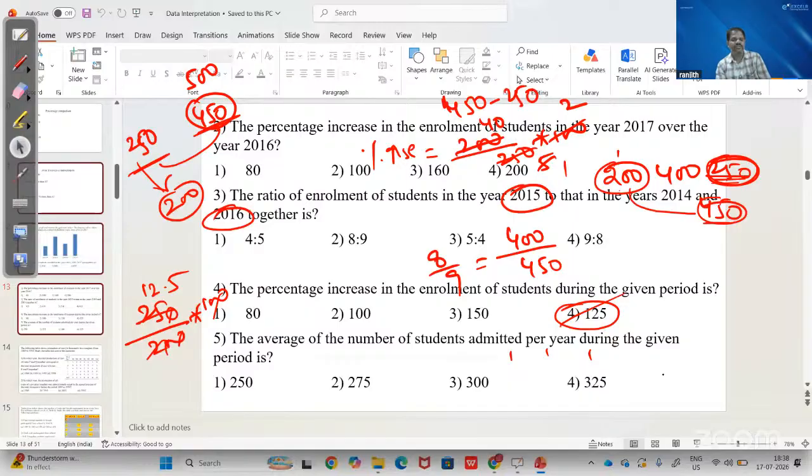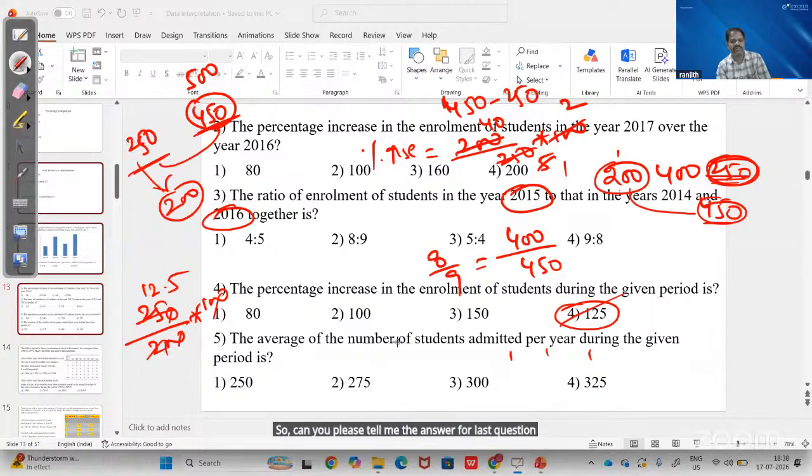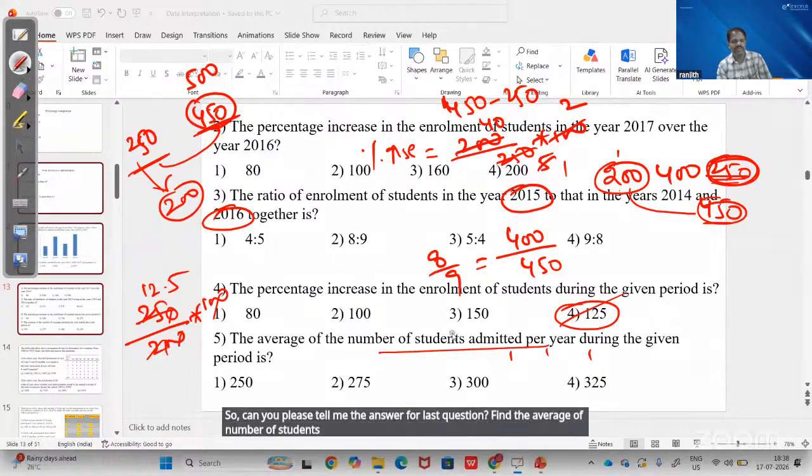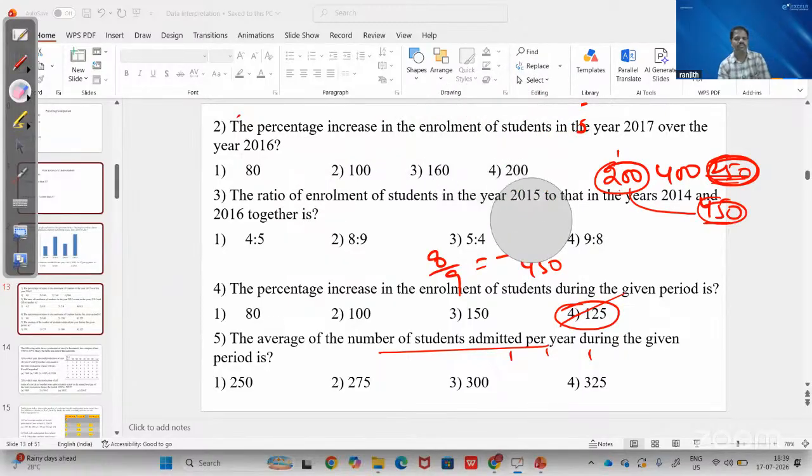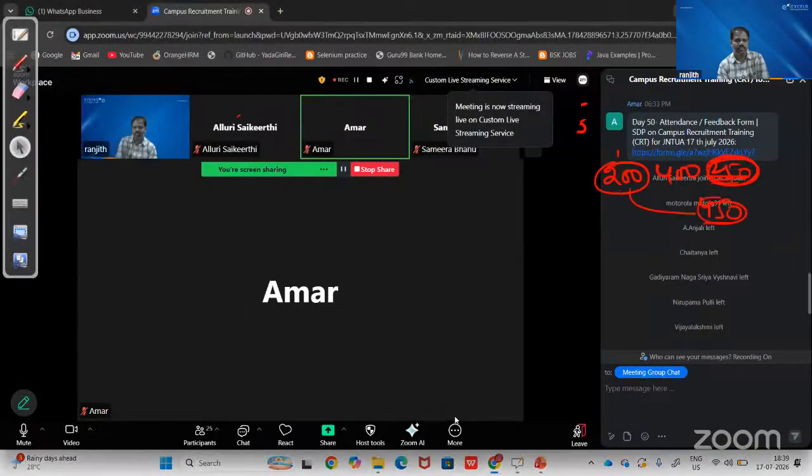Next, can you please tell me the answer for the last question? Find the average number of students admitted during the given period. Anyone? What is the answer?